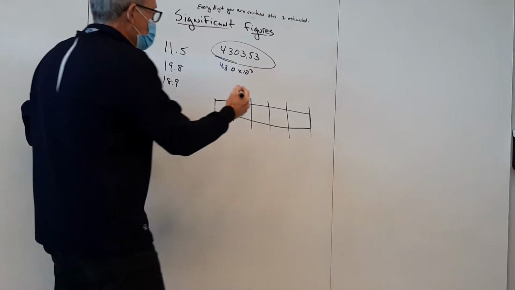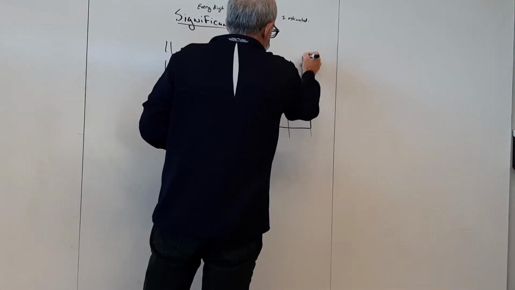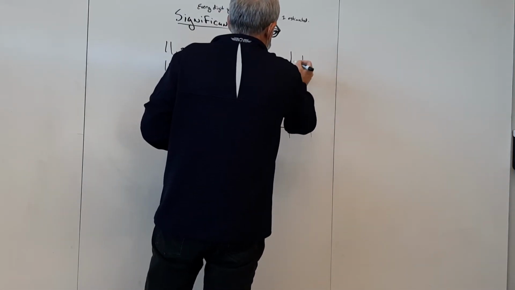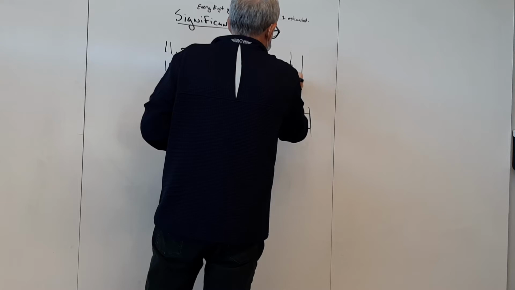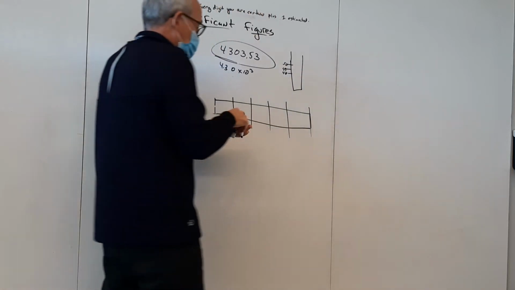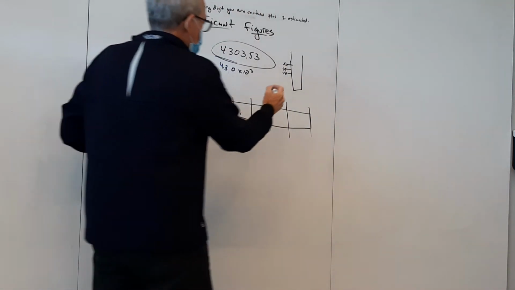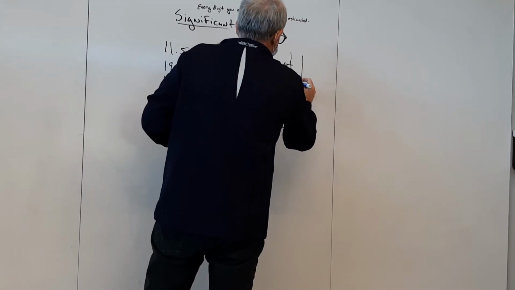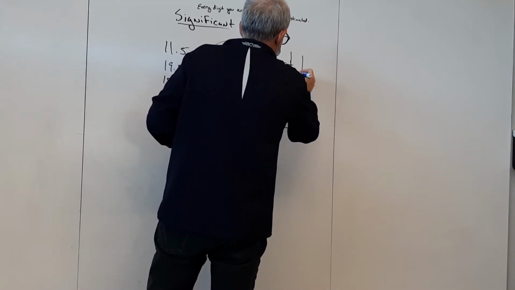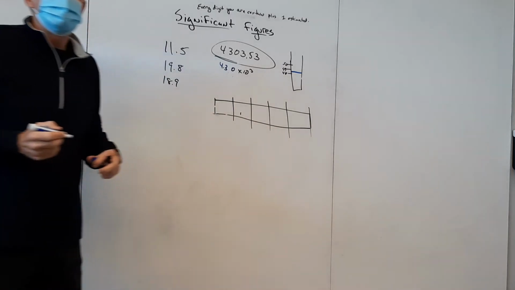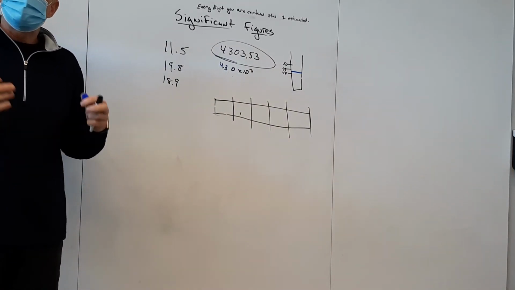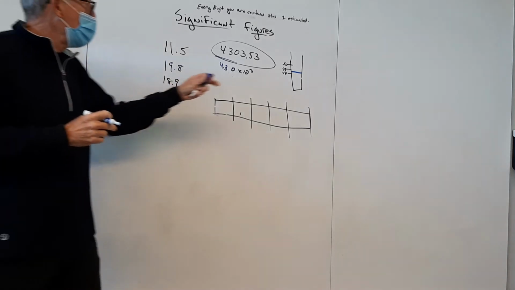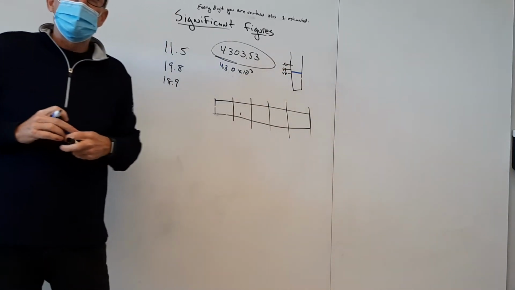Yes. So here's my graduated cylinder, and this is 50, and this is 49, and this is 48, and I put a liquid in it, and the liquid goes to right here. What would you say it is? 48.5. 48 we're sure of, the 0.5 we're measuring.